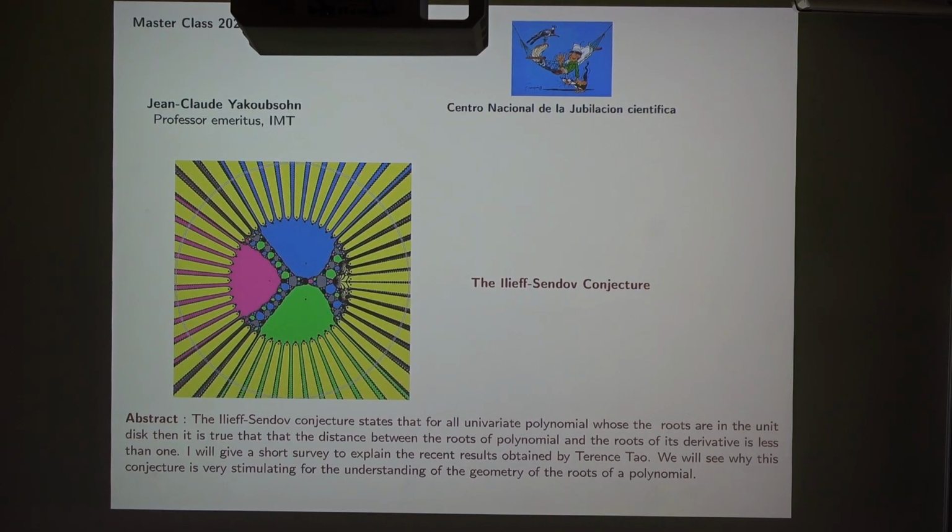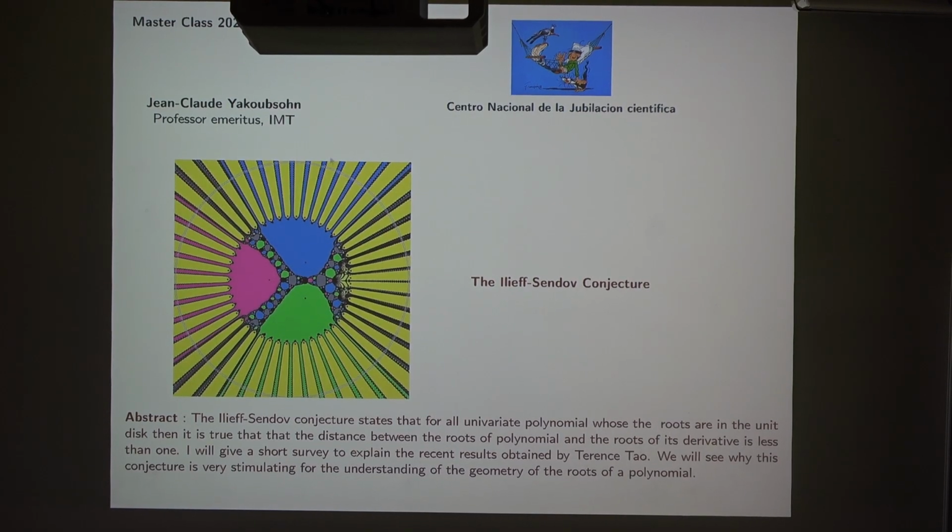First I speak about this image. This image is the dynamical study of Newton methods for a univariate polynomial, which has, I believe, 14 or 100 roots. I don't remember exactly.